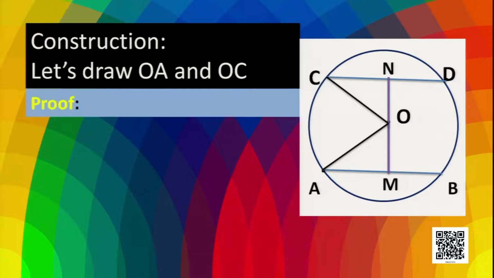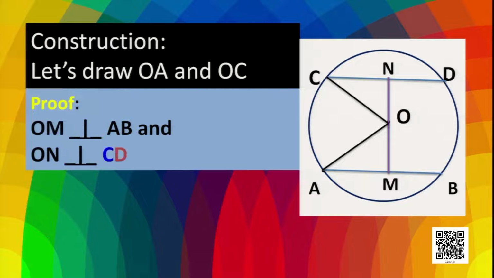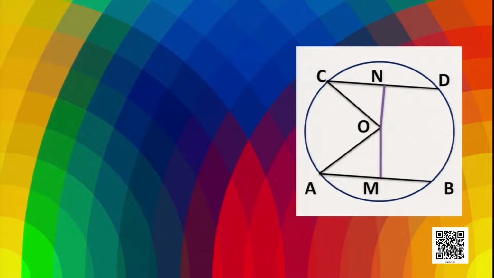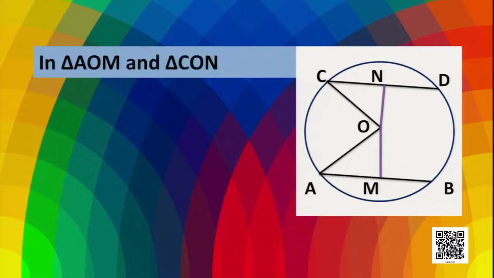So in construction, we can write, let's draw OA and OC. Now what to prove? To get the congruency, we know that OM is perpendicular to AB and ON is perpendicular to CD. That gives CN equal to DN equal to half CD, and AM equal to BM gives half AB. Now in triangles AOM and CON, what are equal parts?